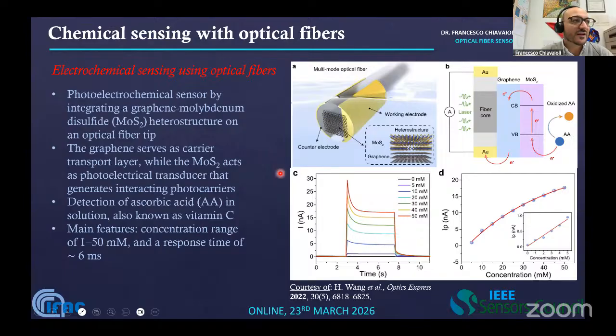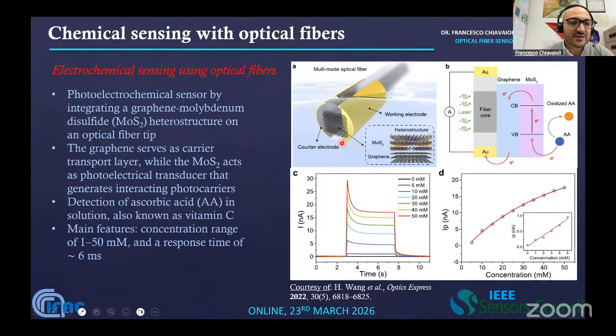Let's move and come back to the recent literature in this field. I reported this example, which is very illustrative and very interesting, because there is a combination of different types of micro and nano fabrication together with materials.